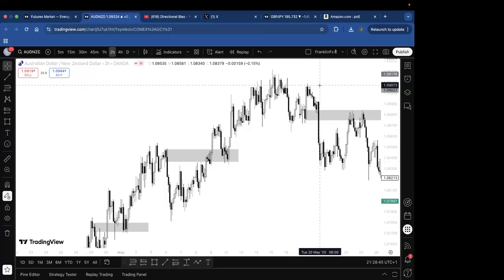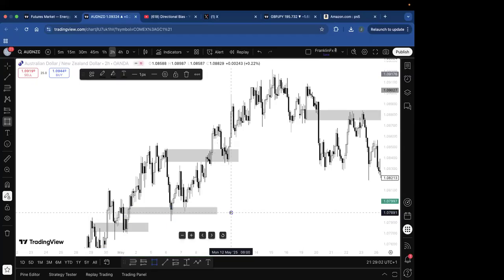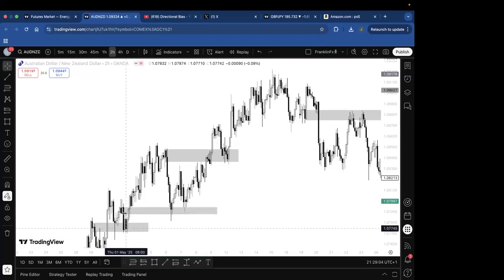I can have another example. I think somewhere around here, I've seen something again. Look at another block here. I mark it. You see, this is actually very, very accurate. I mark the body because the wick is too big. This is the body of the order block, and price came from it all the way down here. Price started going up. Then what happened? It broke it, and it's an uptrend.